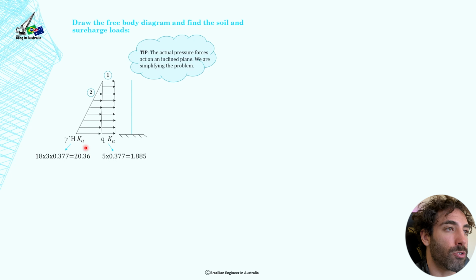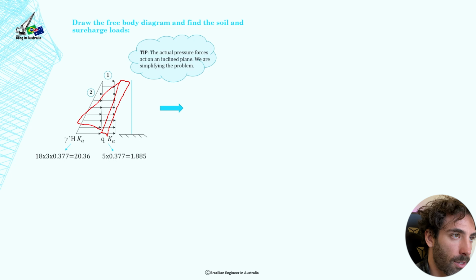the earth pressure coefficient. We've got another tip here, which is that the actual pressure forces act on an inclined plane, and we are simplifying this problem. So in reality, I'm gonna try to draft this here. It's gonna be a bit of a mess, but in reality, this rectangle is this, and then the triangle is like this, and then the forces act like this.